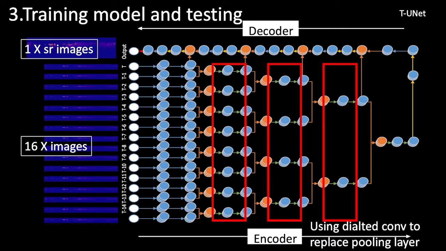The temporal convolution uses shared weights in the same feature layer, which can process time series data in parallel and speed up the fusion of time domain information. The overall architecture of our model is a UNet, and the temporal convolution is mainly used for temporal information extraction in the encoder stage.